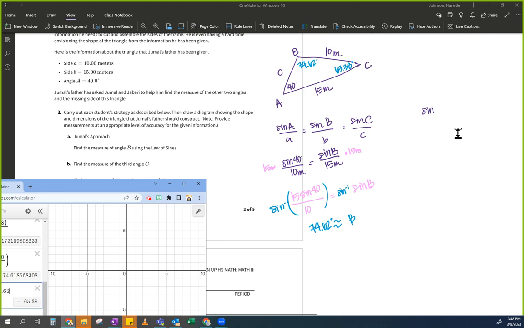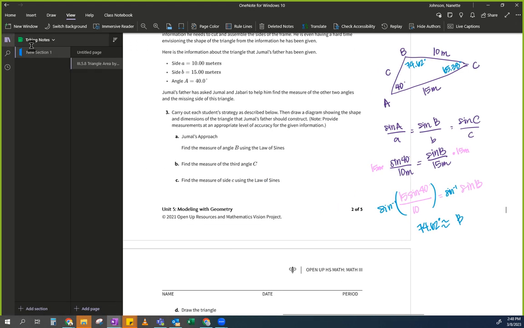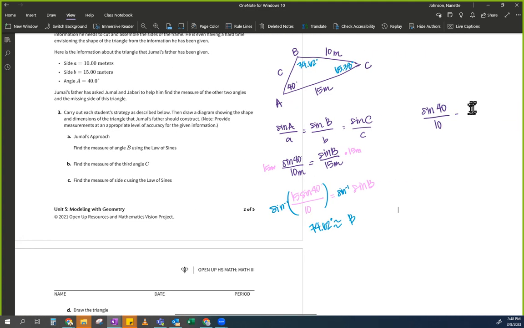The first thing that I notice is that C is on the bottom, and I don't like that. I don't like C being on the bottom. So I'm going to push him up to the top by making them do a handstand. So when I rewrite this, see if this makes sense to you. I rewrite it as 10 over sine 40 equals C over sine of 65.38 degrees.